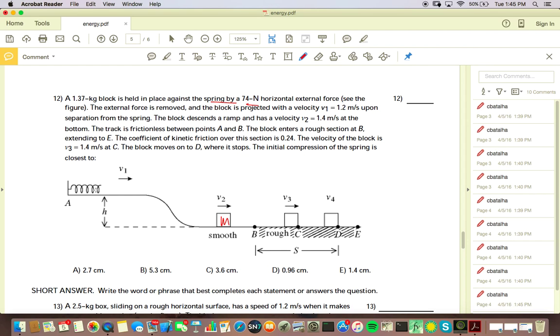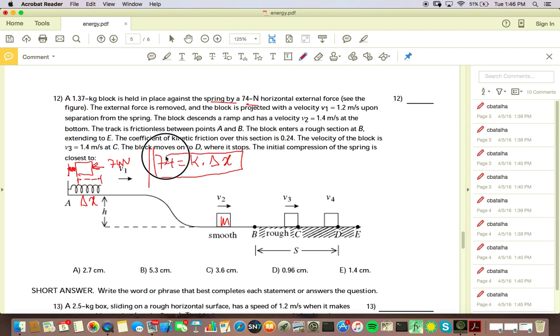So you take a block and compress this spring with a force of 75 newtons, which implies that your spring has been compressed by a certain amount x. What is interesting is that we know the force is equal to k times the amount the spring has been compressed, so we have k del x.